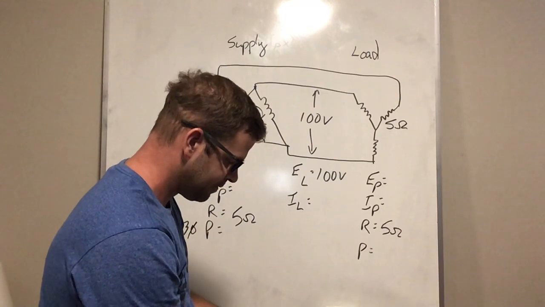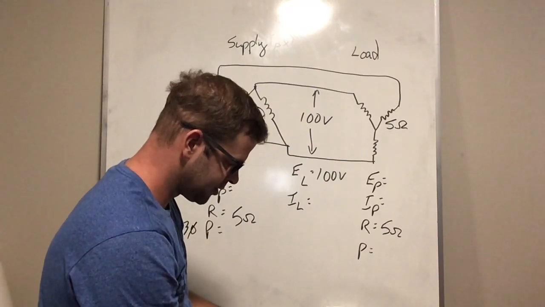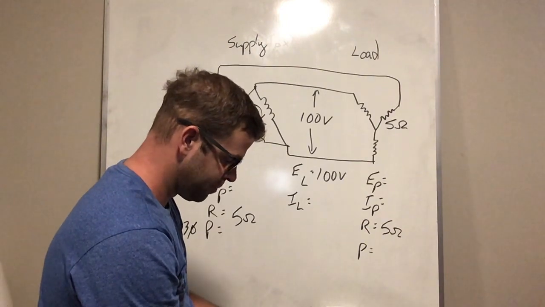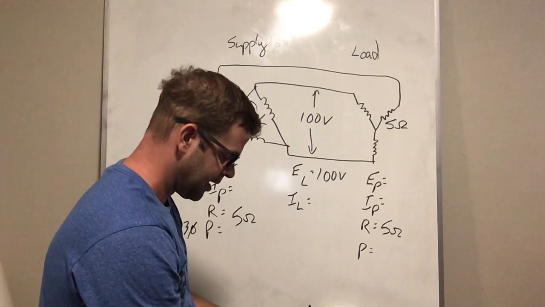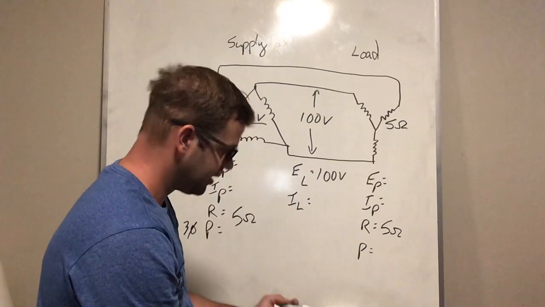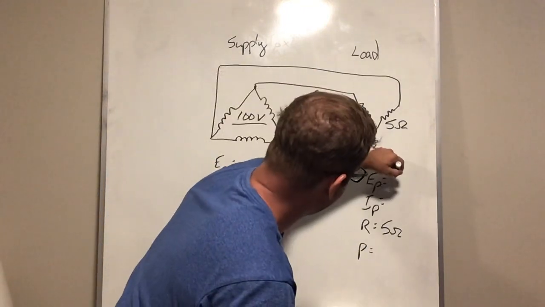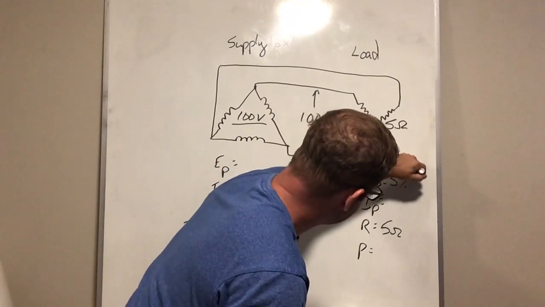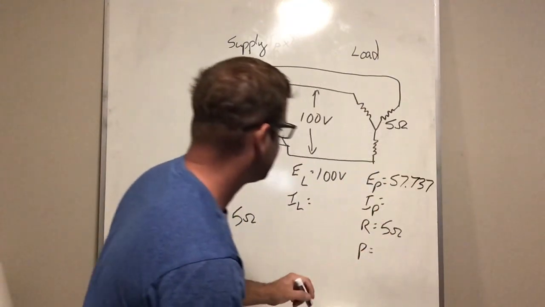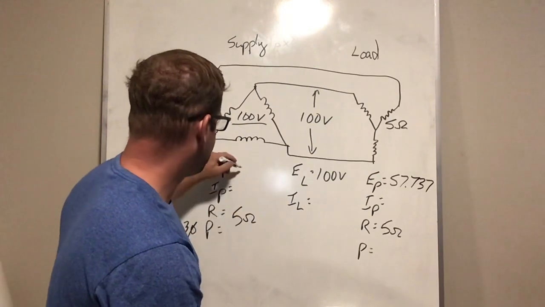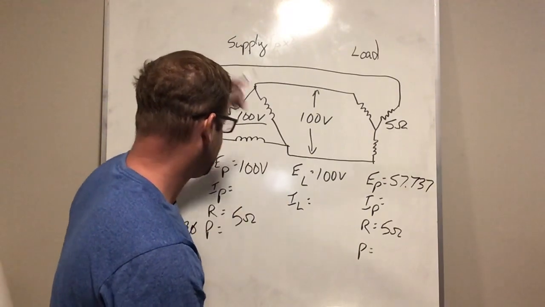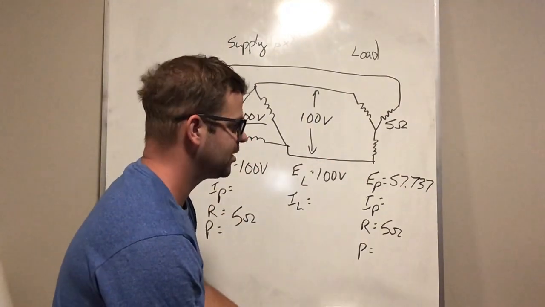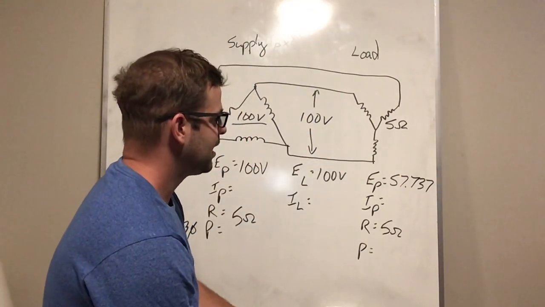So I have to take my 100 volts and divide by root 3, or 1.732, and I end up getting a voltage of 57.737. So I have 100 volts at my supply, and 57.737 volts at my load.